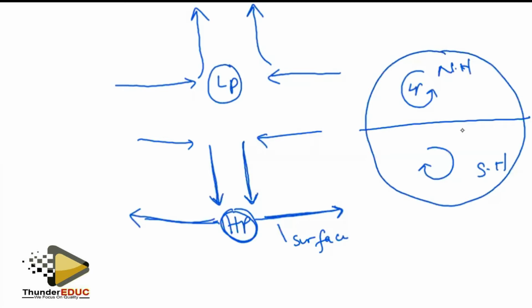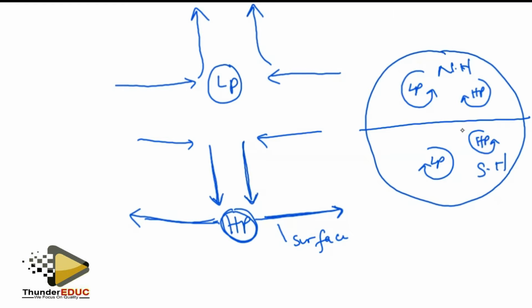This is typical of low pressure cells. And then high pressure cells, they rotate anti-clockwise in the southern hemisphere and clockwise in the northern hemisphere. These are high pressure cells.